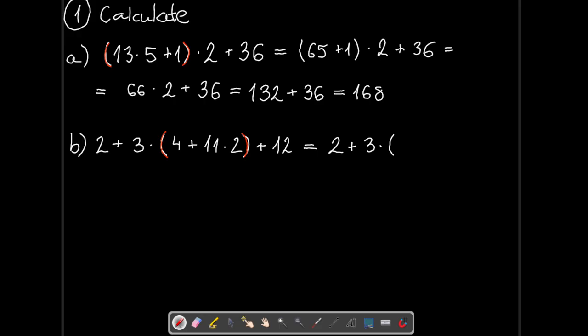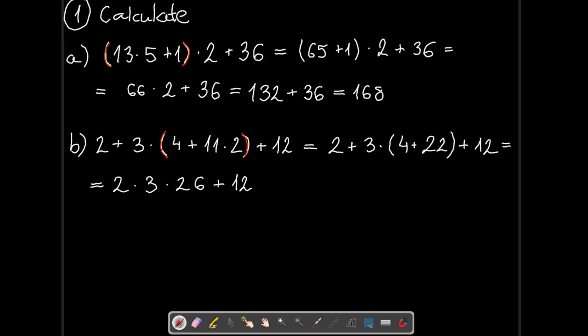And 11 times 2 becomes 22. Plus 12. Okay. The only thing left in the bracket is now addition. So let's add these two numbers together. That gives us 26.